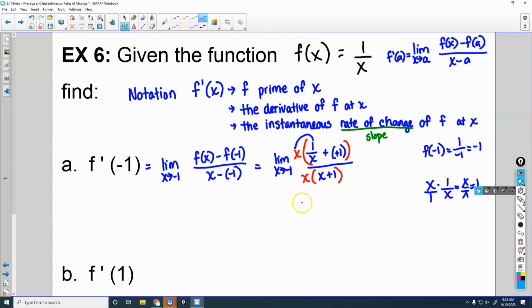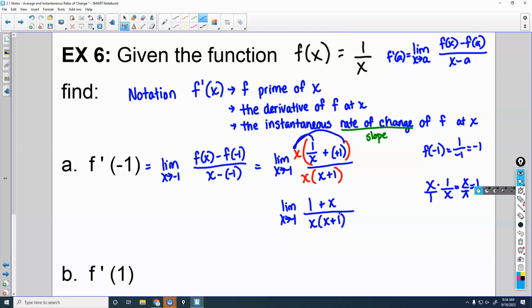So right here when I distribute that, I'm just going to get 1. So I got limit as x approaches -1 of 1 plus x times 1 is just going to be x over, don't multiply the bottom together because you want things to cancel, so you're just going to have to factor it right back out if you do. Will anything cancel?